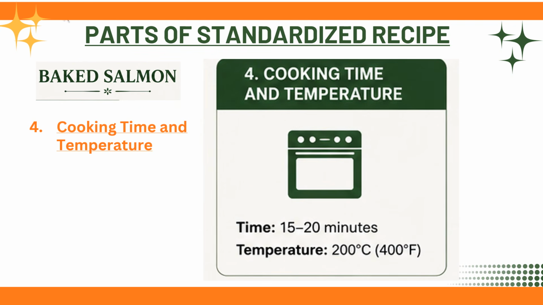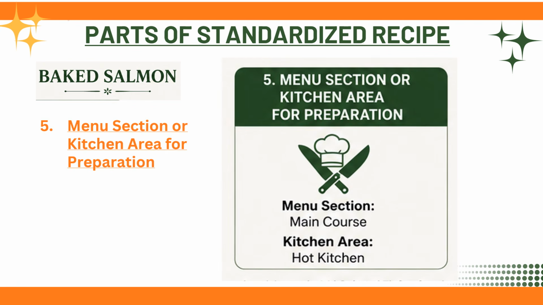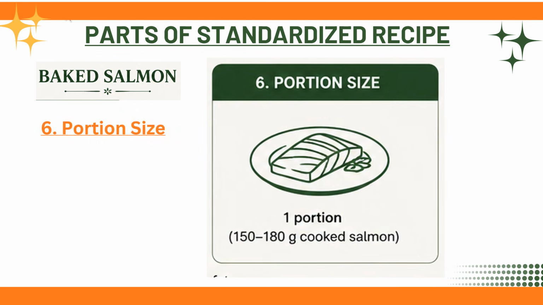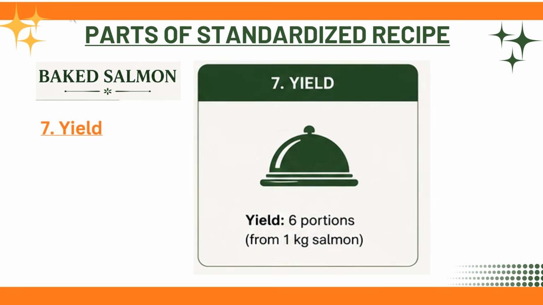Number 4. Cooking time and temperature. Number 5. Menu section or kitchen area for preparation. Number 6. Portion size. And number 7. Yield.